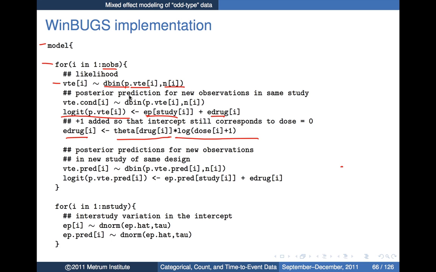Well, there's a similar notion, but the way we do this is I create a separate loop. It's outside of this loop going over my observations. I have another loop down here. You can see where I'm looping over all of the studies. So you can see it goes from I in 1 to N study down here, and this is where I model the interstudy variation in our intercept, and you can see it right in this line here.